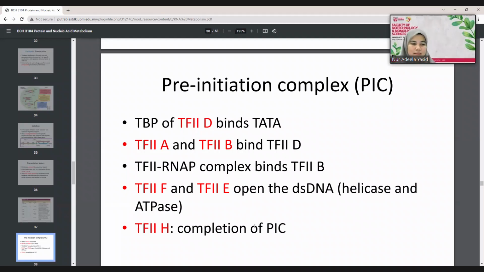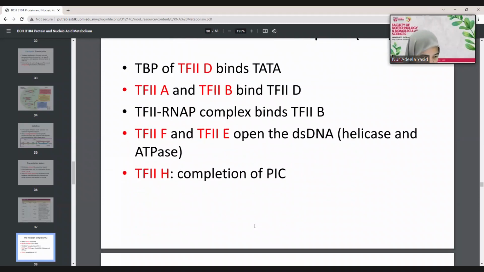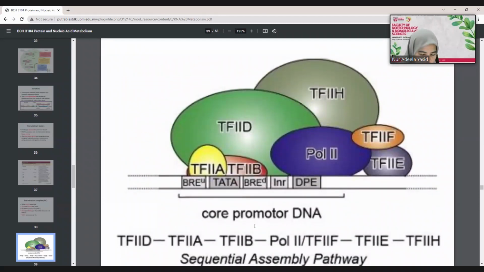So for this slide, basically you have to know the sequence. This is the sequence assembly for the pre-initiation complex: which transcription factor comes first, and the role of each transcription factor. Which one comes first, which protein comes later, and which one is the last protein to enter for the completion of the pre-initiation complex.